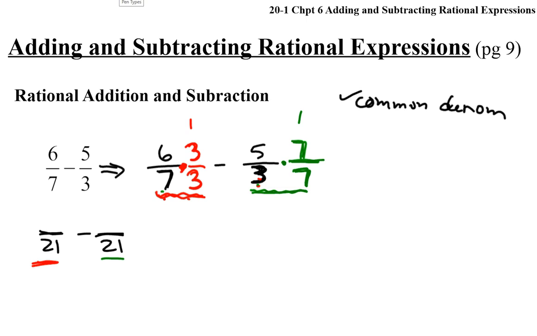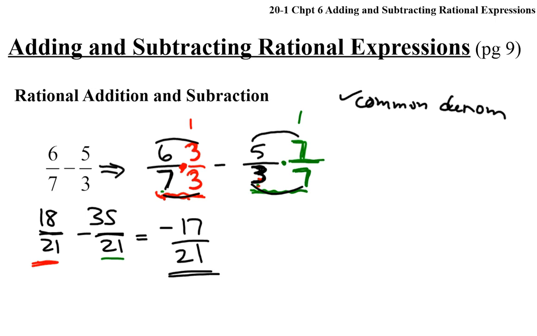So what do I get? Well, I multiplied by 3, so I multiply by 3, I get 18. I multiplied by 7, so I have the common denominator, so I multiplied by 7, and I got a 35. And 18 subtract 35 is negative 17/21. So to create these common denominators, we took what we had and we multiplied by the missing part.